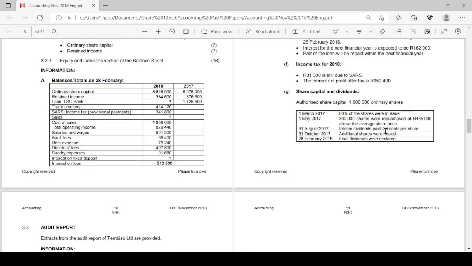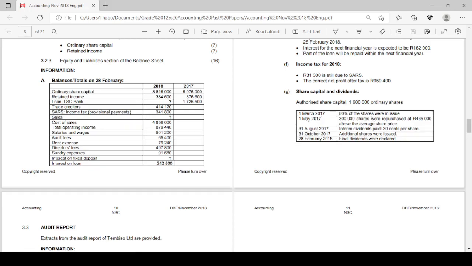Our information says interim dividends were paid at 30 cents per share on 31st August 2017. So on this date we have the shares at the beginning of the year minus the repurchases of the shares.